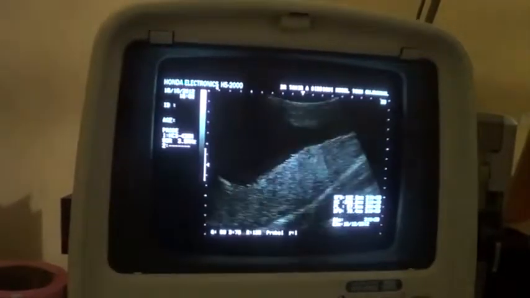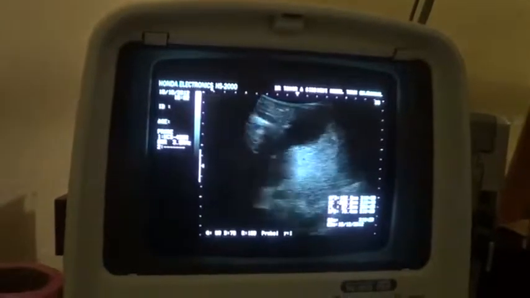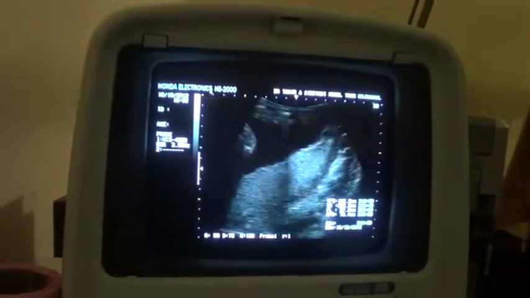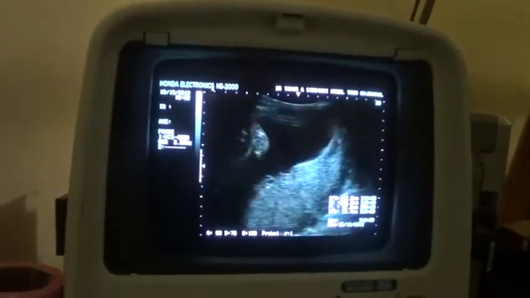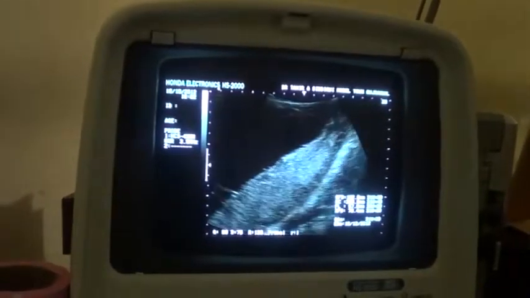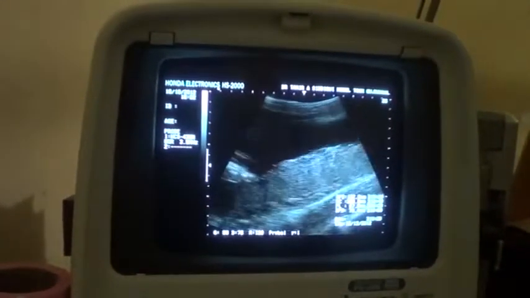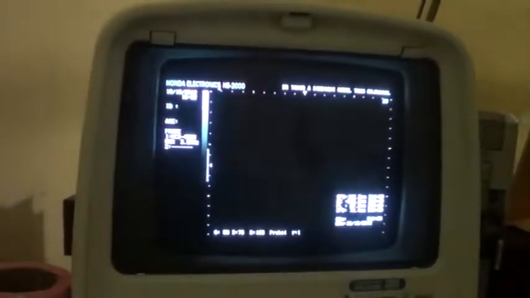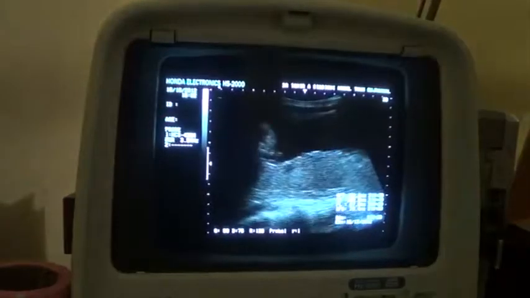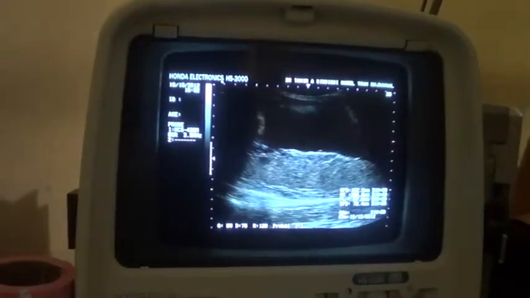So this is grade 2 to 3 placenta, posterior wall and marginal.